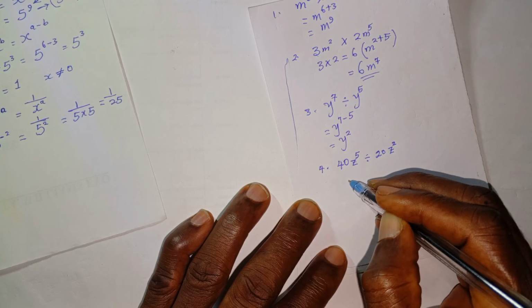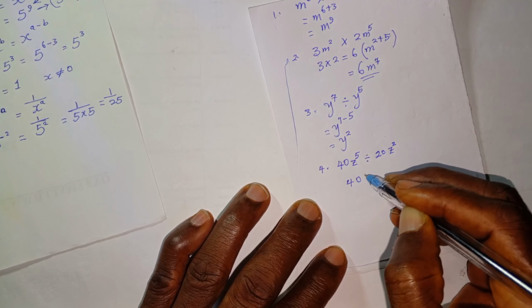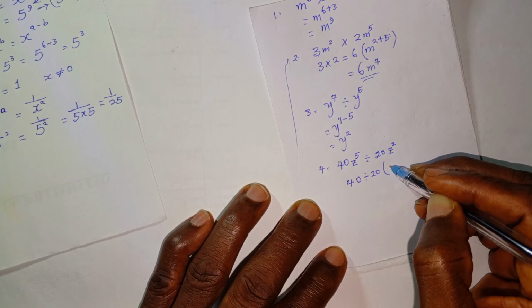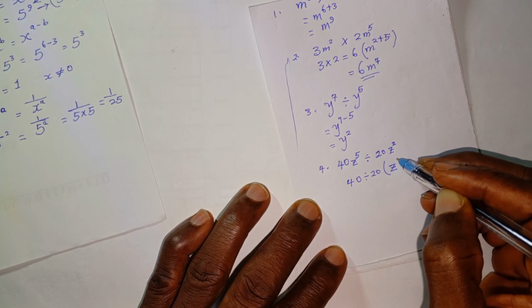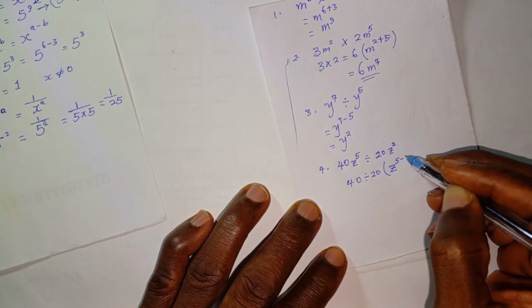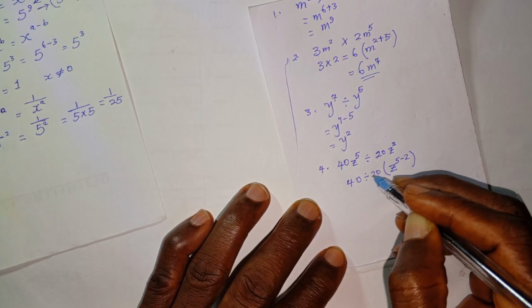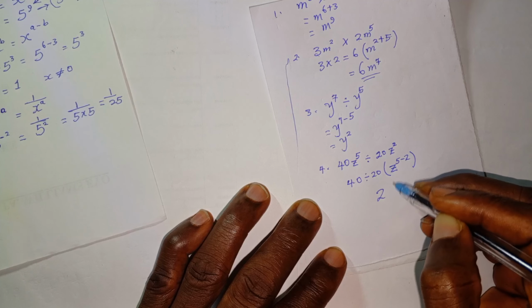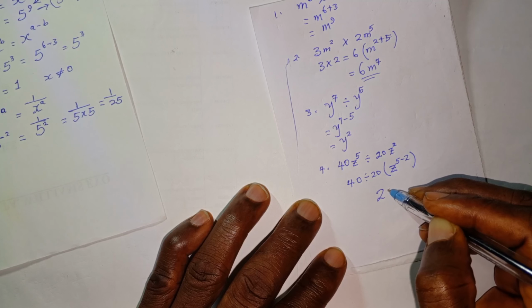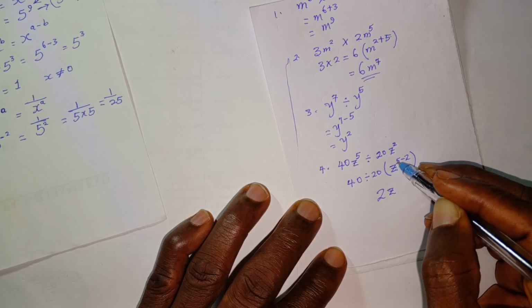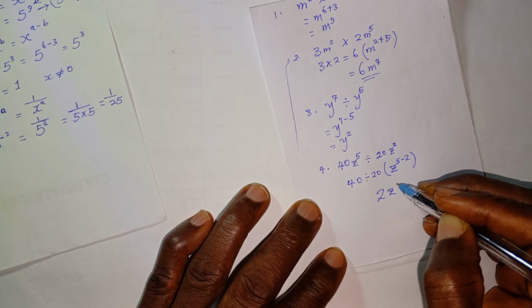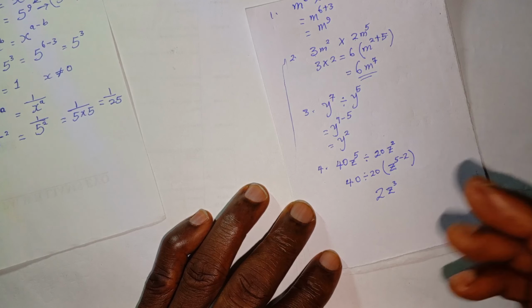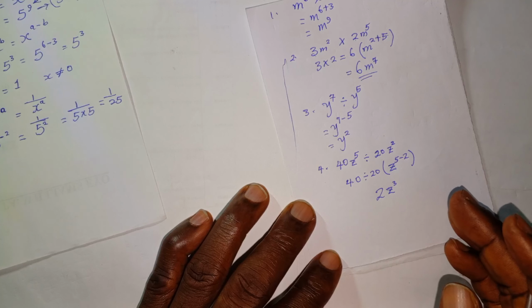You have 40 divided by 20, then you have the letter z raised to power 5 minus 2. So 40 divided by 20, we have 2. Then we have the letter z. 5 minus 2, you have 3. These are the first rules we can treat now.